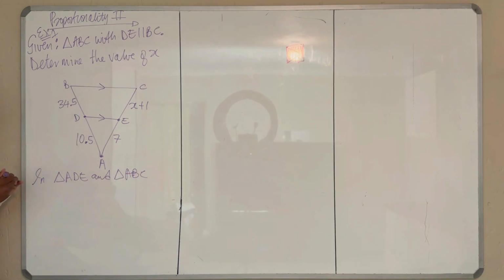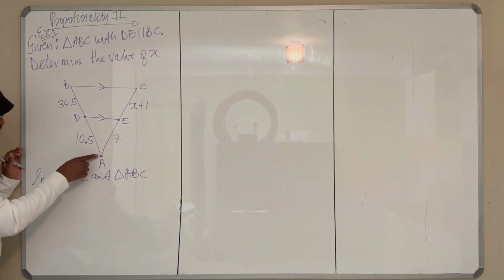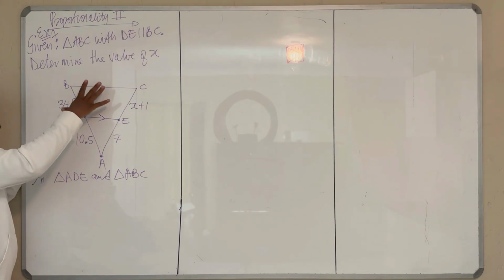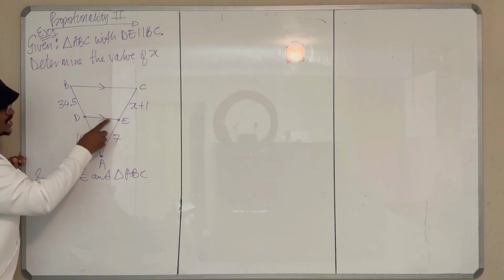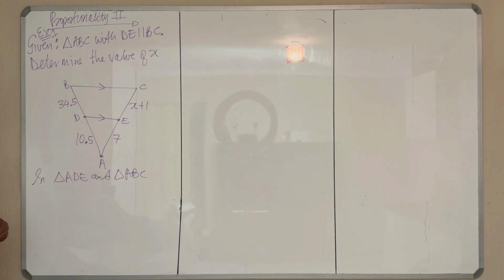If you're doing this, try to present the same order. Starting with A, you came to D and E, so if you're defining the big one, you want to be consistent. It's not necessary here, but it will help with the similarity. So it's triangle ADE and triangle ABC. Just follow the same order.